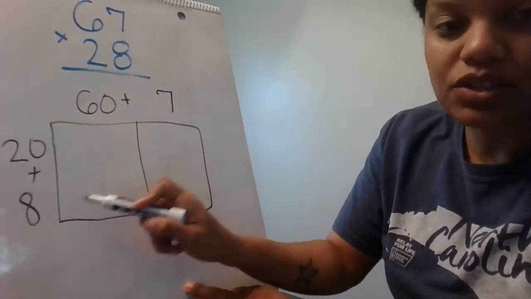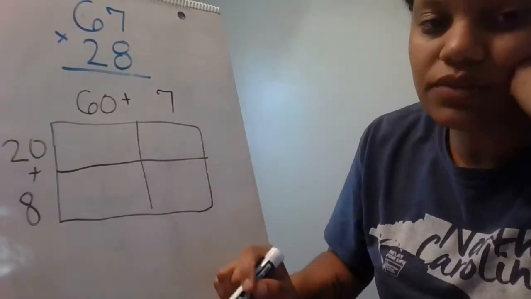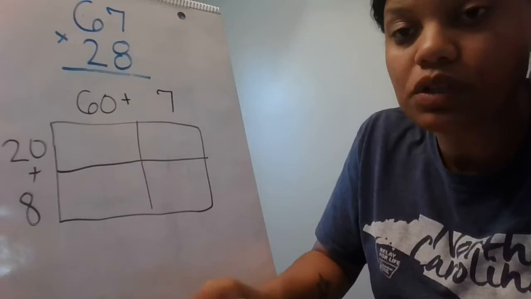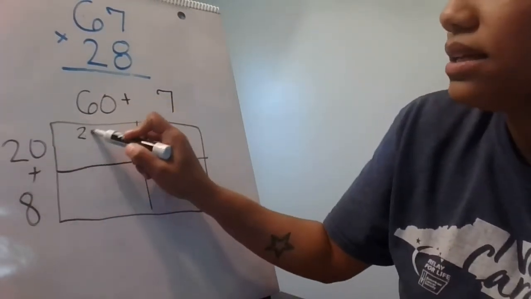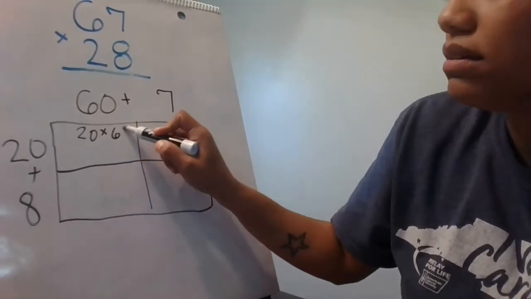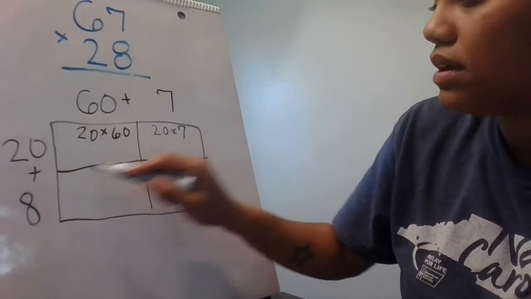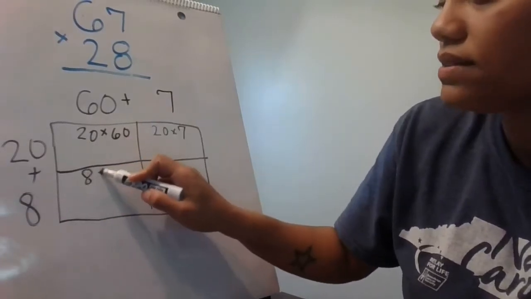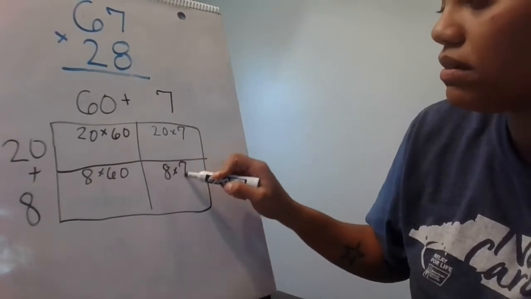And again, I just extend where I have that plus sign. Now in each section of this, I want to go ahead and write the multiplication problem that I'm going to solve. So here I'm doing 20 times 60, 20 times 7, 8 times 60, and 8 times 7.